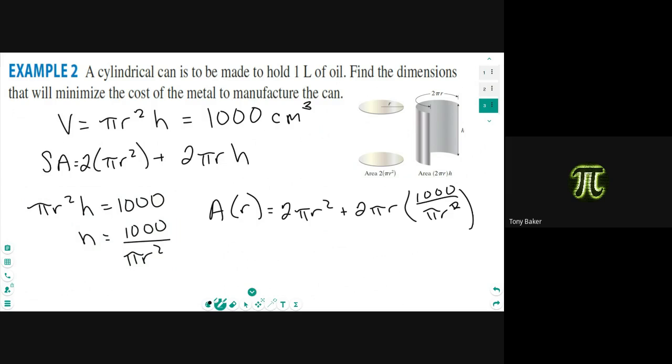Now, we could definitely clean this up some before we do our derivative. The pi's cancel out, one of the r's cancels out, and 2 times 1,000 is 2,000.